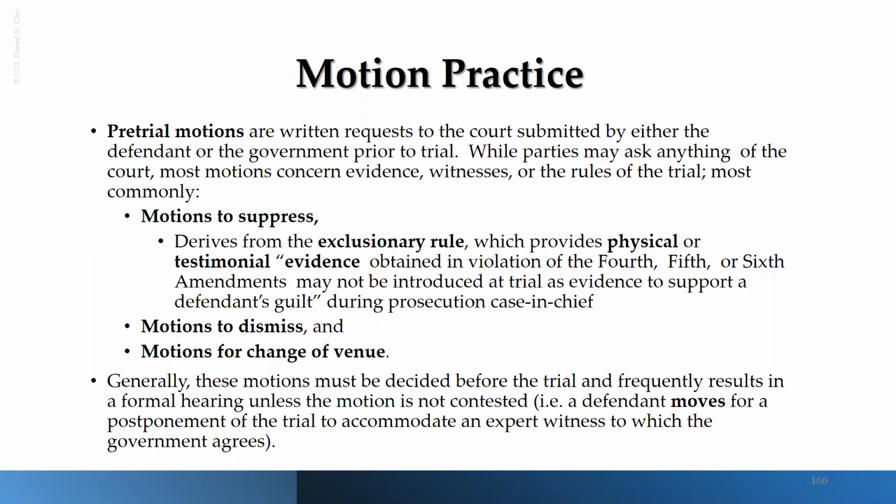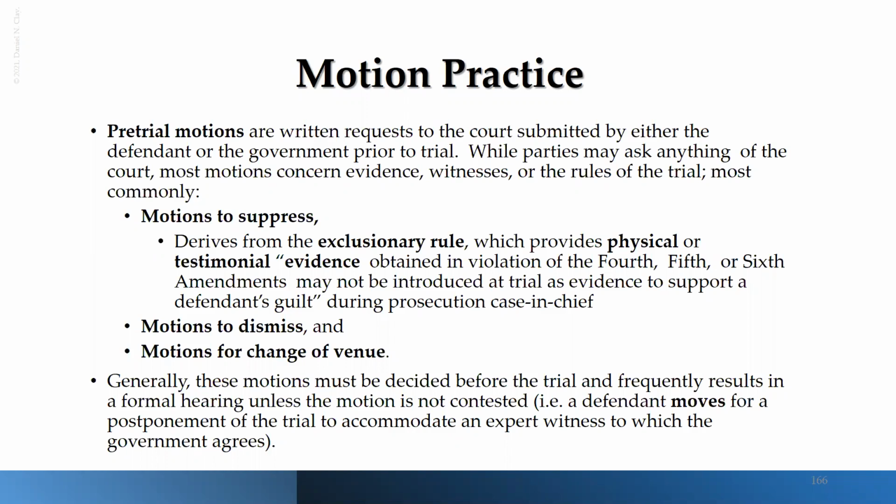So there's quite a bit to break down here. The exclusionary rule really developed in the United States following a case called Weeks versus United States. And it was a very slow developing process and really wasn't until the 1960s in the criminal justice revolution under the Warren Court that we really see a motion to suppress and exclusionary rule start to become enforced in a meaningful way.